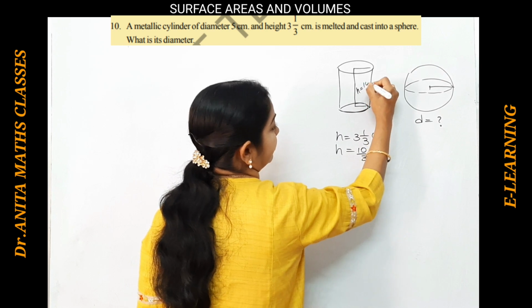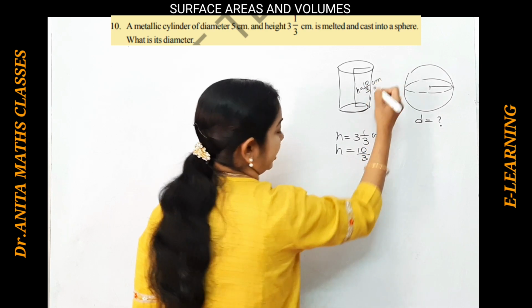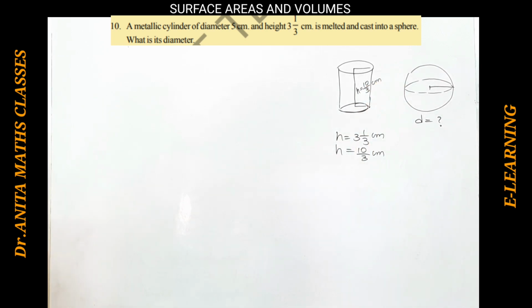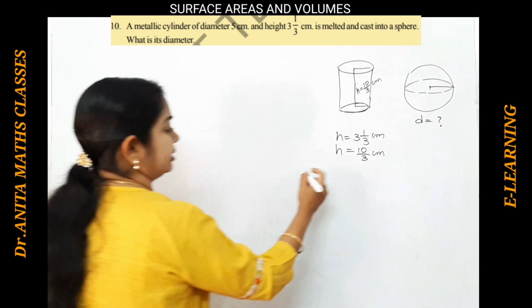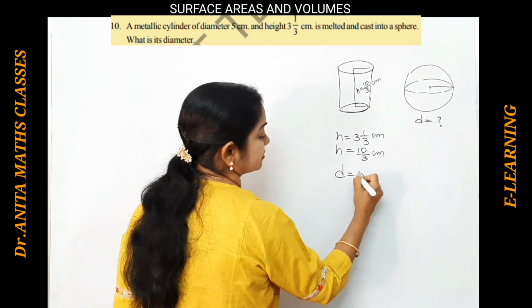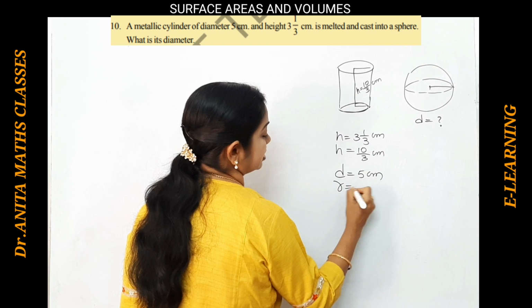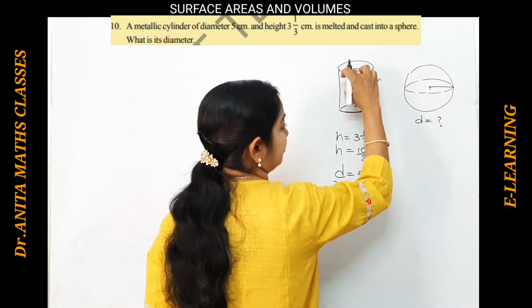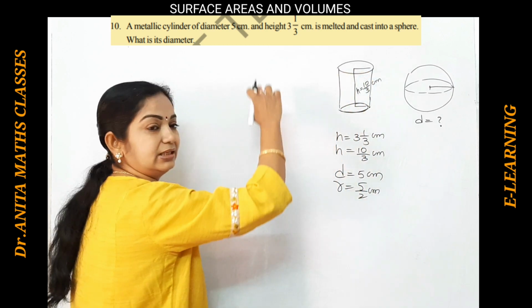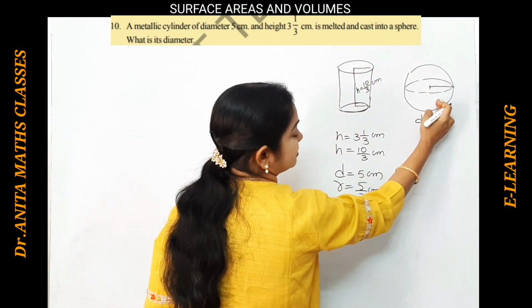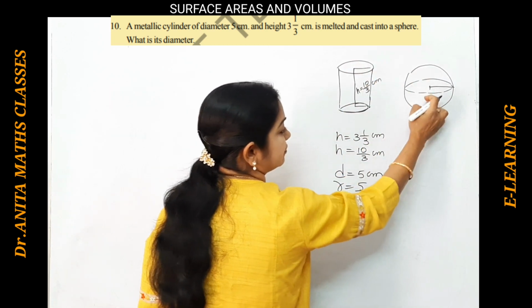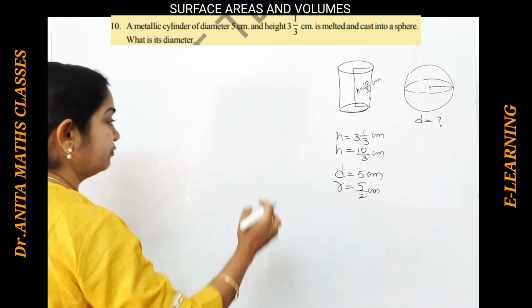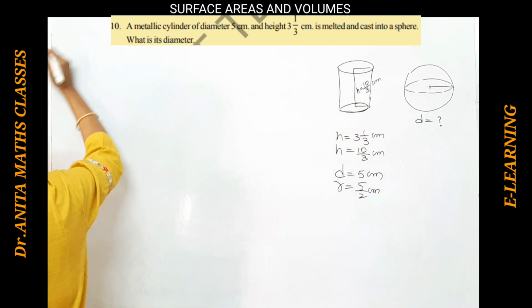Okay, 10/3 centimeters, and the diameter of the metallic sphere is given as 5 centimeters. So the radius is 5/2 centimeters. The same metallic cylinder is being melted and cast into a sphere. So there won't be any change in the volumes. We can equate the volumes of both the solid objects, right?